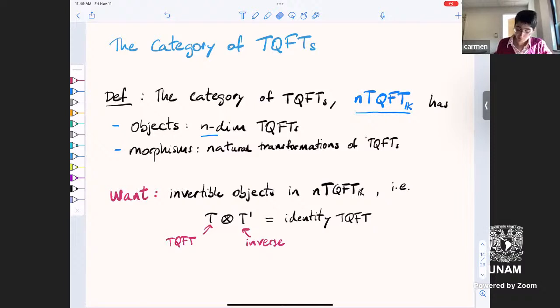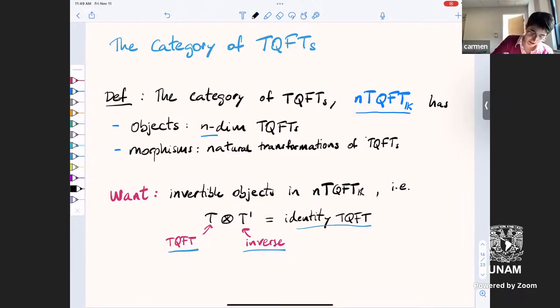So what does it mean? Well, it means that your operation here is tensor product, of course, because it is a symmetric monoidal category. So your notion of invertible is that you're going to have a TQFT, and you're going to be searching for its inverse in the sense that when you take the tensor product of the two, you're getting the identity TQFT.